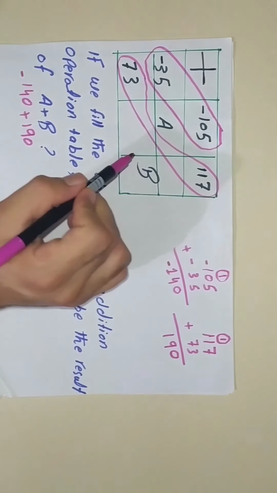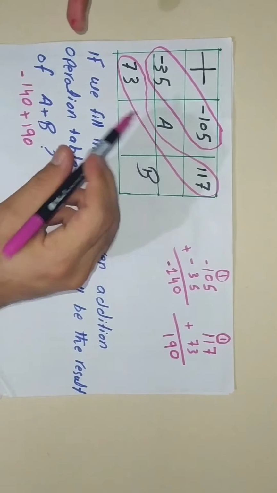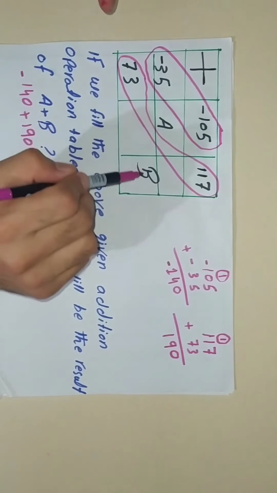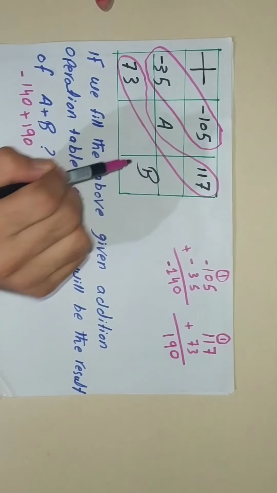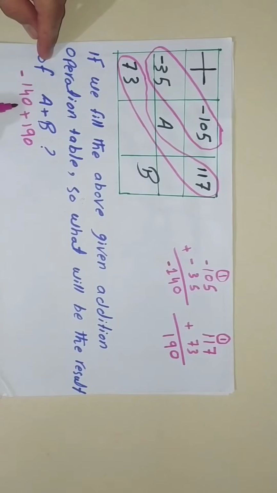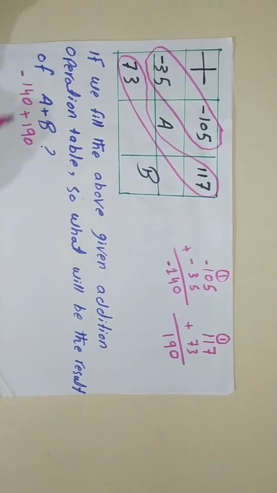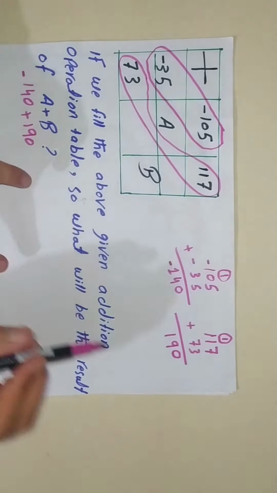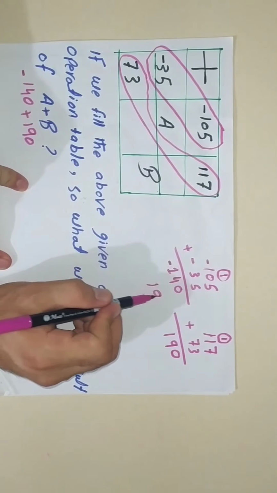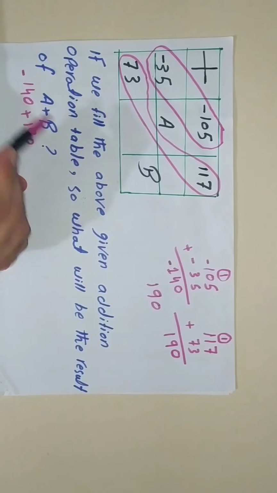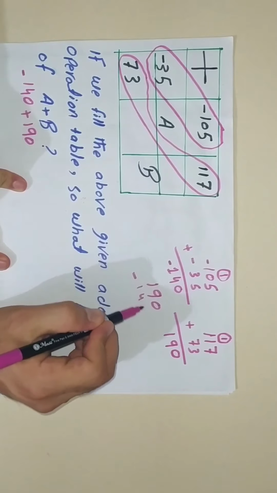So the question is this. This is the table of addition. First we have to find the values of A and B. We found the values of A and B. Now we will add these both numbers. So B is equal to 190 and A is equal to minus 140.